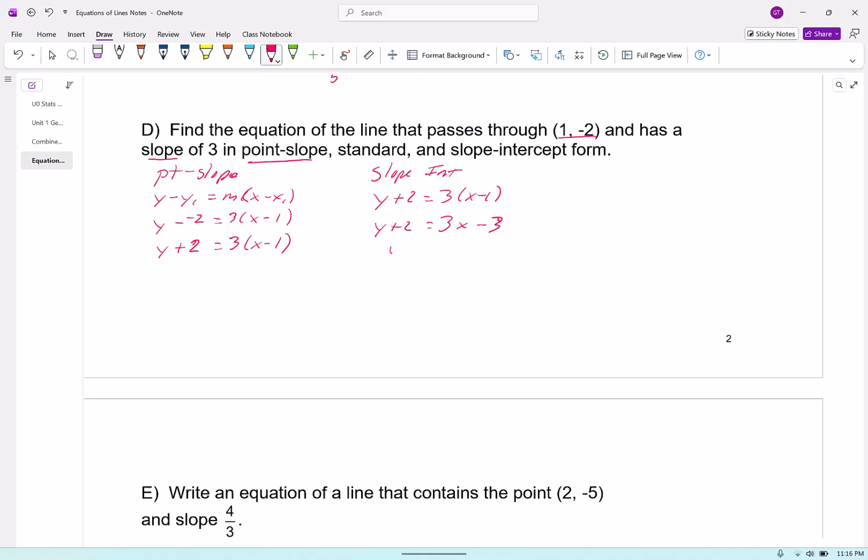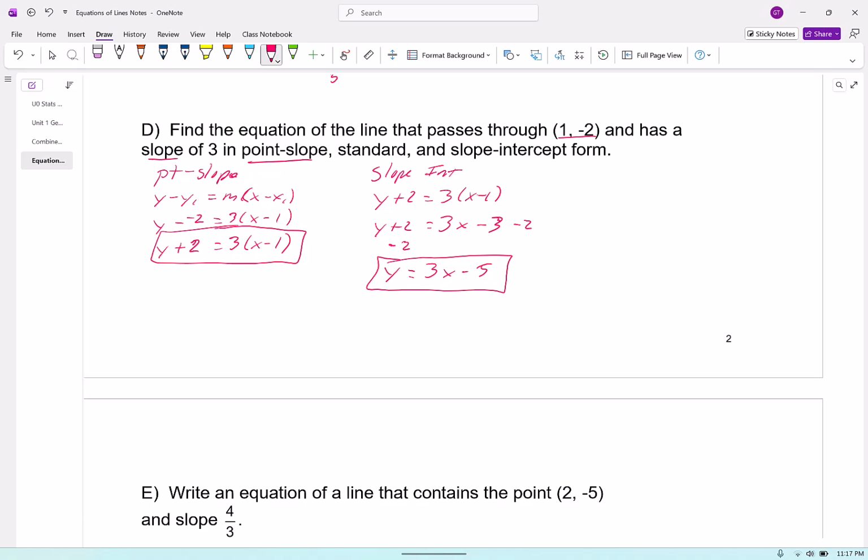I would subtract 2 from both sides, and I get y equals 3x minus 5. That is my slope intercept. I just want to make sure I'm clear on what those are.